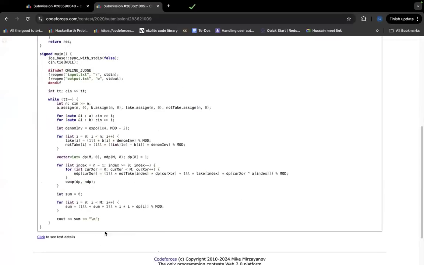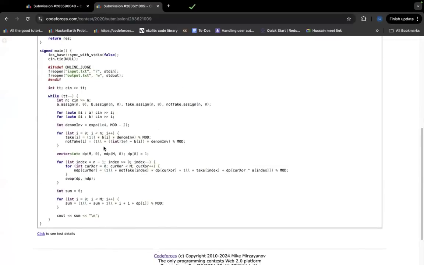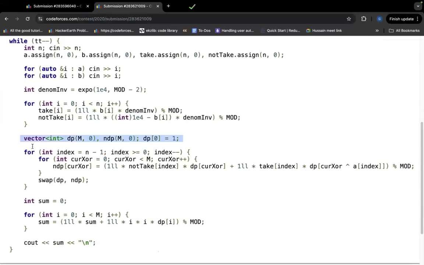So let me just show you. You can see that this is just space optimization. We go from index equal to n minus 1 to 0 and current XOR from 0 to m, and we have dp and ndp. Since our base case was when current XOR is 0, we return 1, so that is why dp is 1.